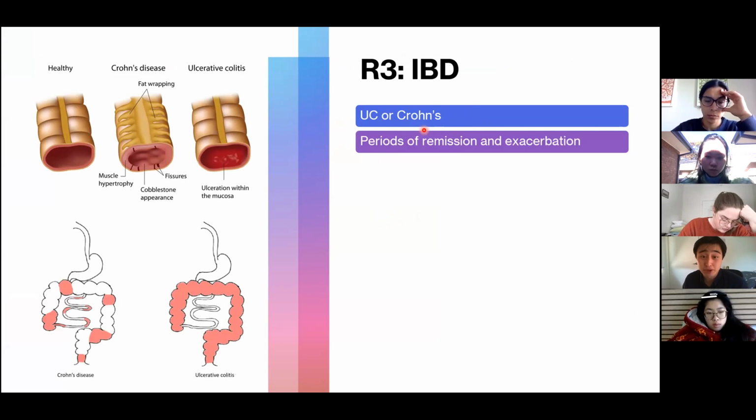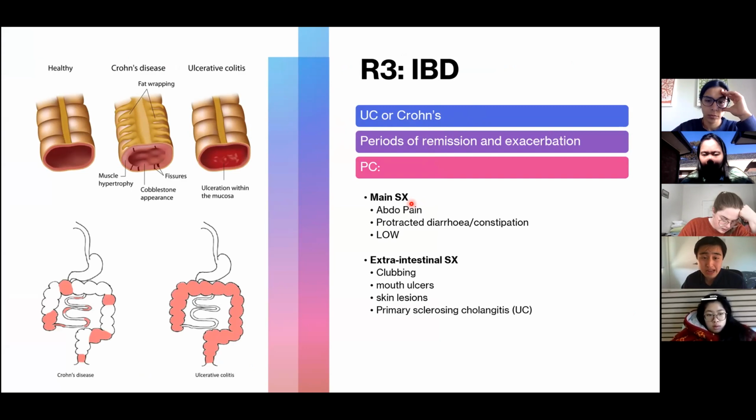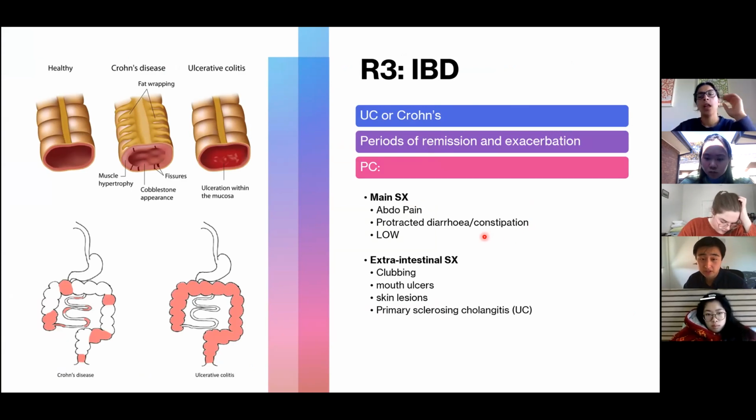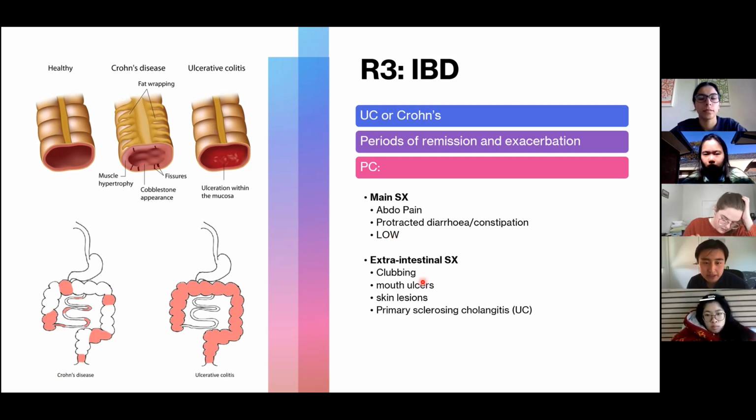It's characterized by both periods of remission and exacerbation. The main symptoms are your abdominal pain and your protracted diarrhea and constipation. So it's not acute usually. You have this long course of diarrhea and constipation. You might also see some weight loss. For the extraintestinal symptoms, you get some clubbing, mouth ulcers, and skin lesions, such as erythema nodosum. And then also an important thing is primary sclerosing cholangitis, which is strongly associated with UC, and it presents with jaundice.